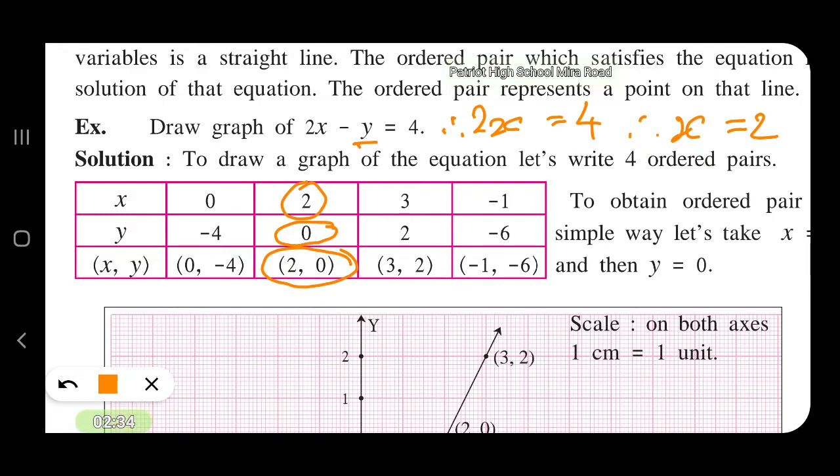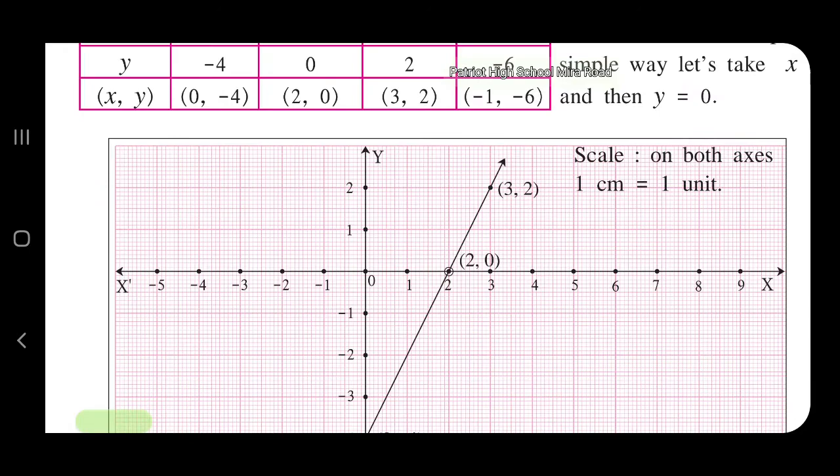2, 0. How do we represent it on the graph? On the graph, the value of x is plus 2. So it will be here, plus 2. You are advancing in this way, and for y you have to advance in this way.